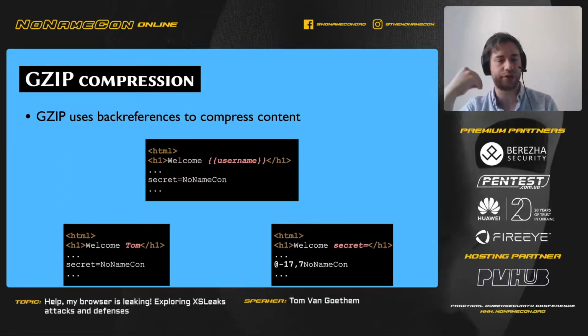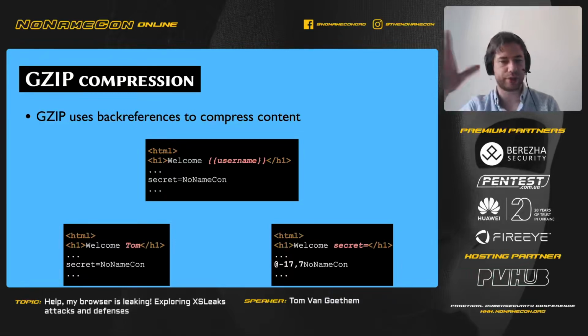And now another important aspect is gzip compression, which is enabled on most of the responses sent on the web. So let's look at a template that looks like this. Welcome, then the username, which is, for instance, from the GET parameter, and later in the document there's some secret occurring.